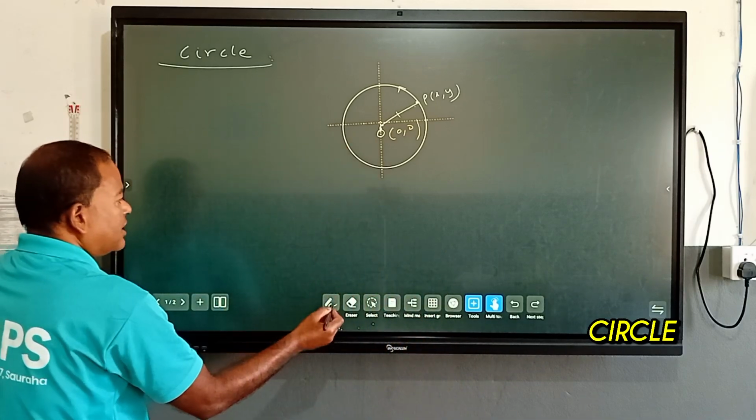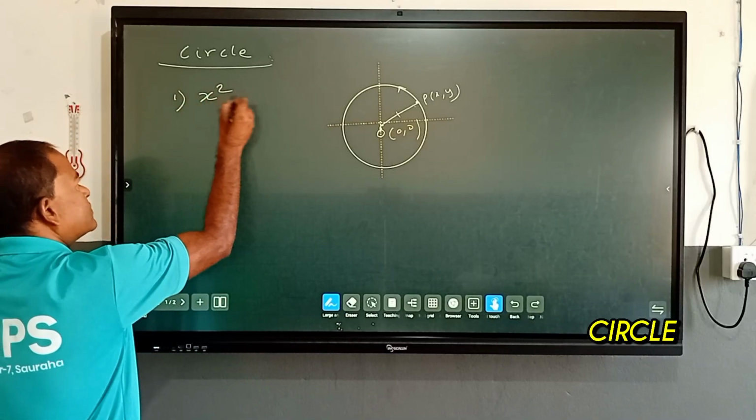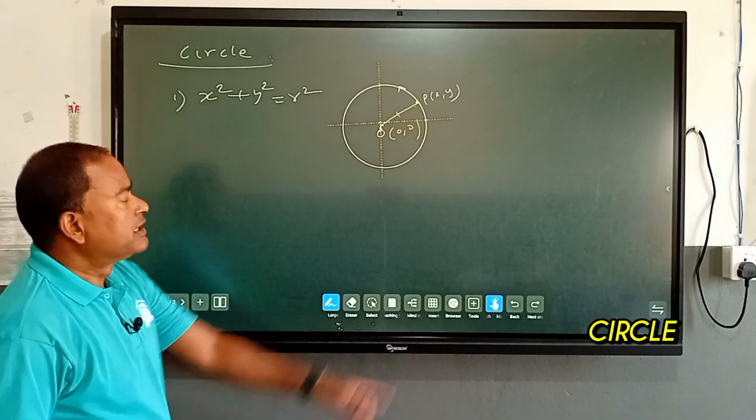So the first formula of the equation of circle is x squared plus y squared equals r squared.